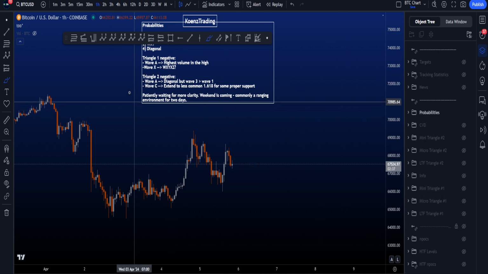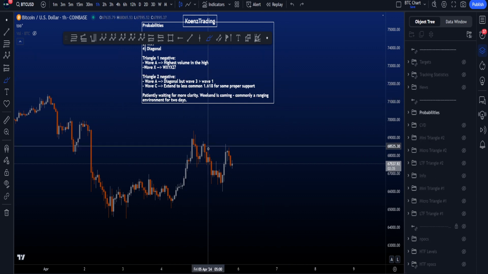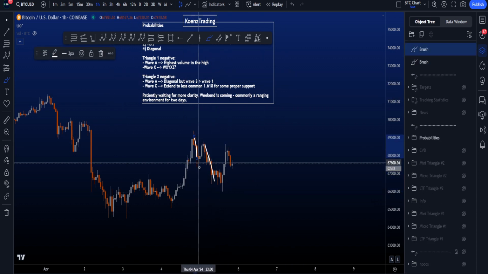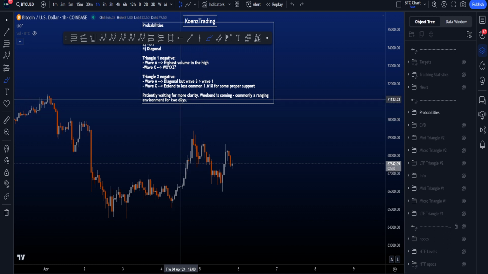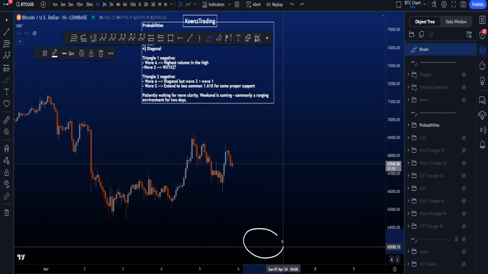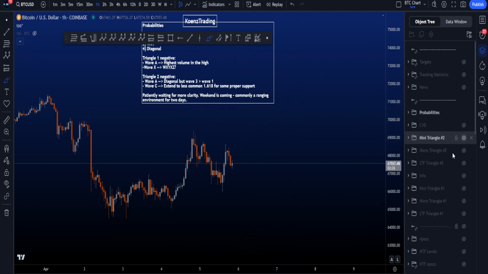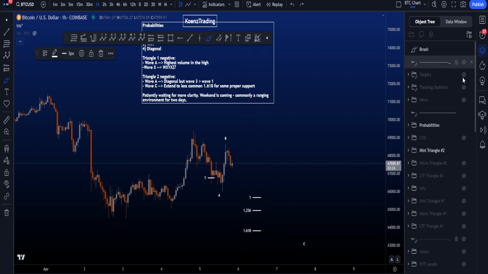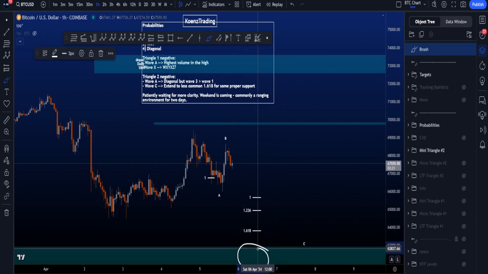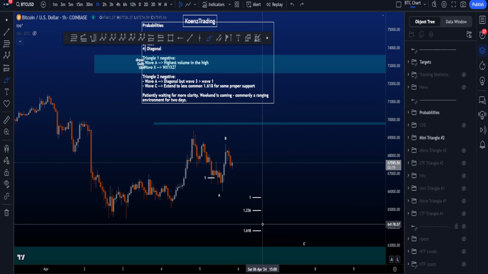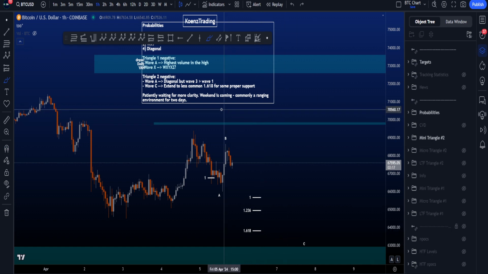And when we look at the triangle 2 negatives, then in the diagonal, as explained, wave 3 is longer than wave 1, which is not ideal. And if we want to look for a wave C target area, then the target for wave C, the 1.618 over here, is above the target box. It is already a bit of a less common target, so that is also not ideal.